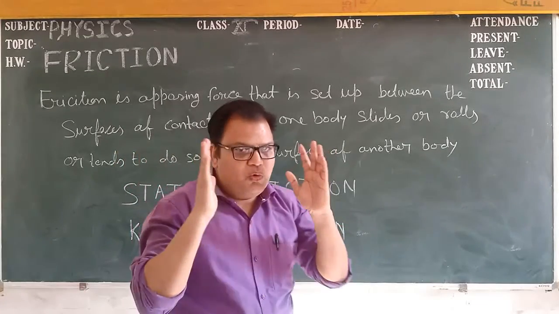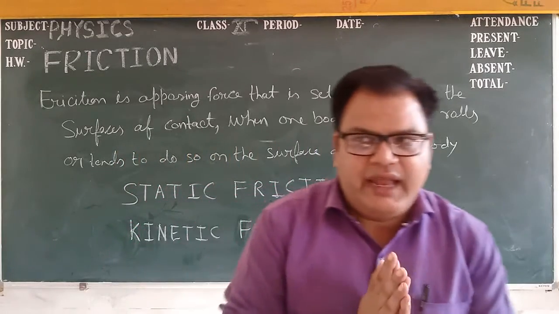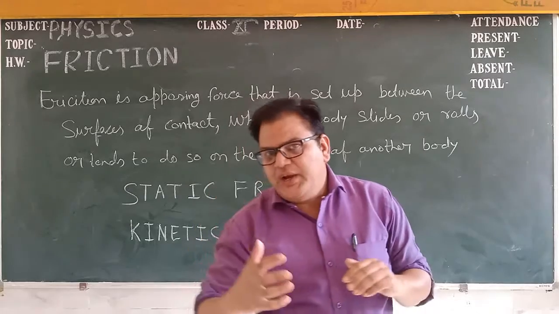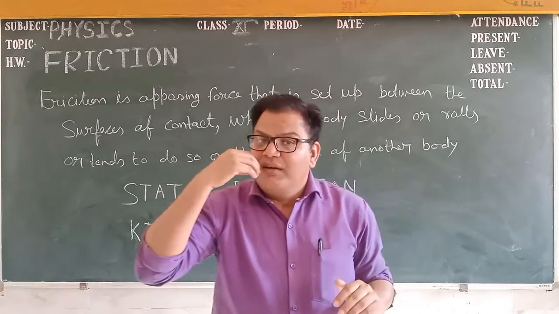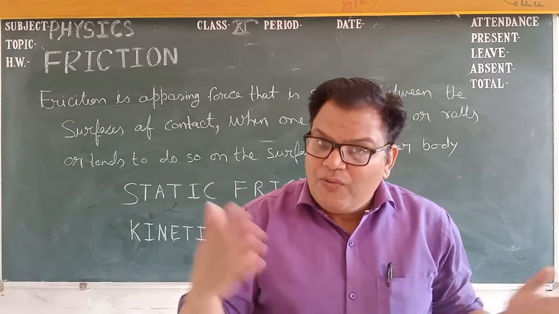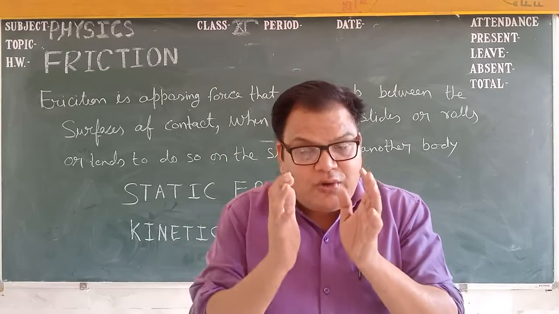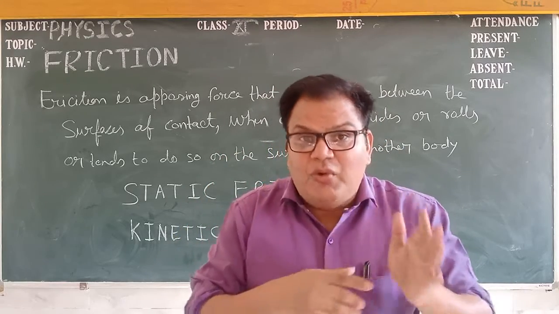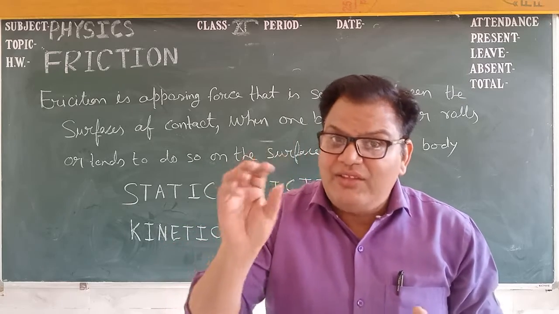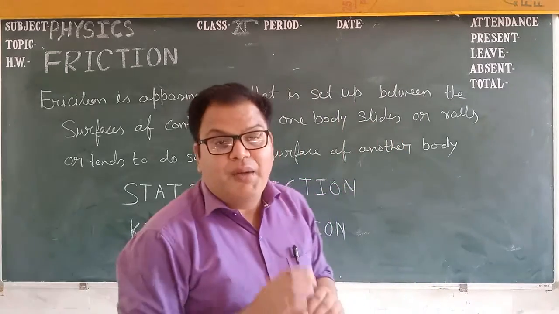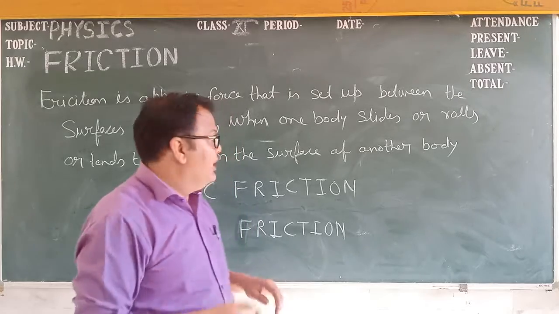If two bodies are in contact and one body tries to, or tends to, move relative to the other, then this type of force is developed between the contact surfaces.